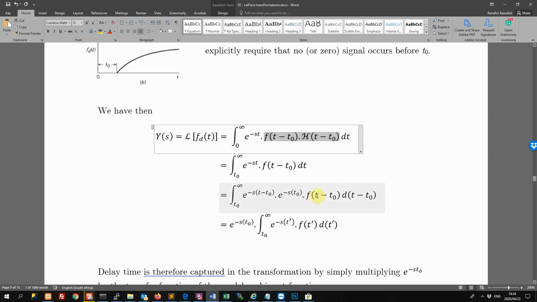This function is also f of t minus t naught, so you can see t minus t naught as a shifted value. Now because we are starting from t naught here, we can change this, and in fact we've already changed the variable here.